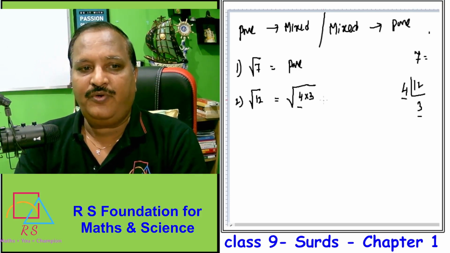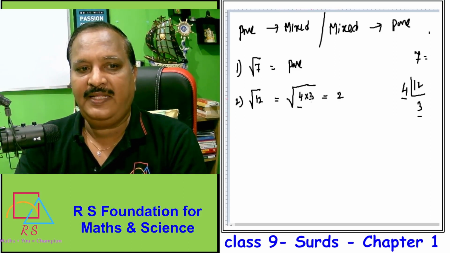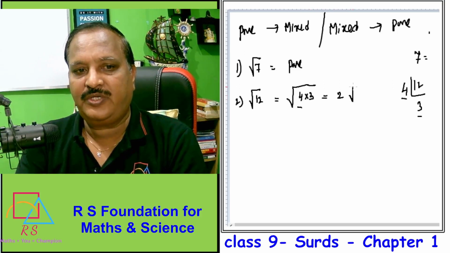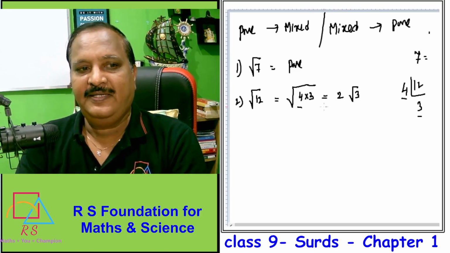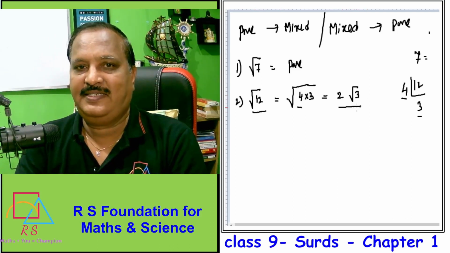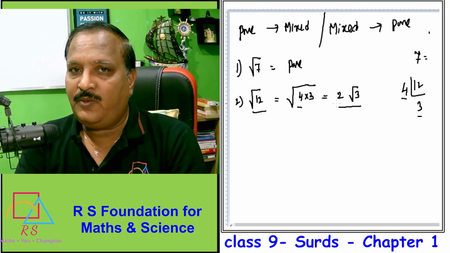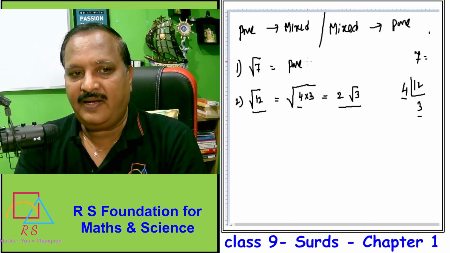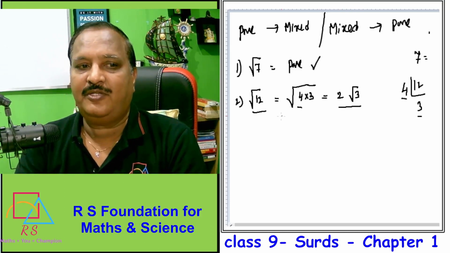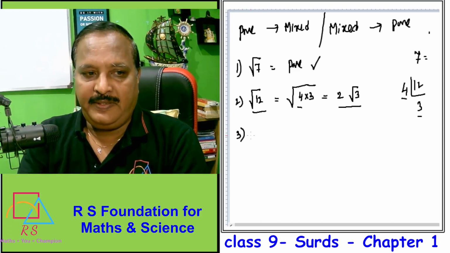Square root of 4 will become 2, so only 3 is remaining inside the root. So it will become 2 root 3. So now this is the pure surd, and this is the mixed surd. This is possible only in some cases, not all cases. In 7 it is not possible, but in root 12 it is possible.